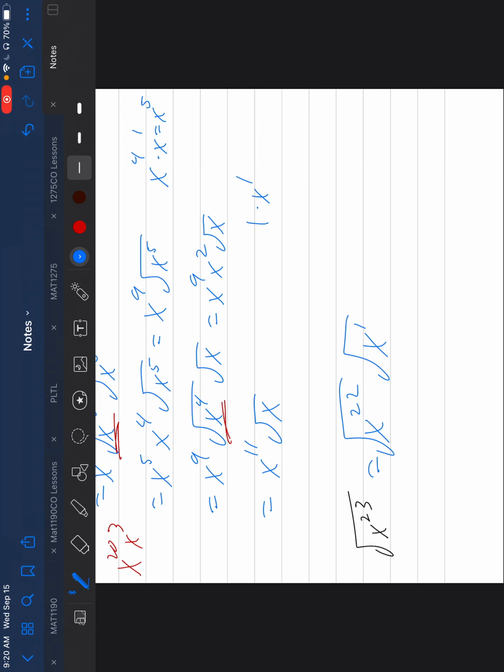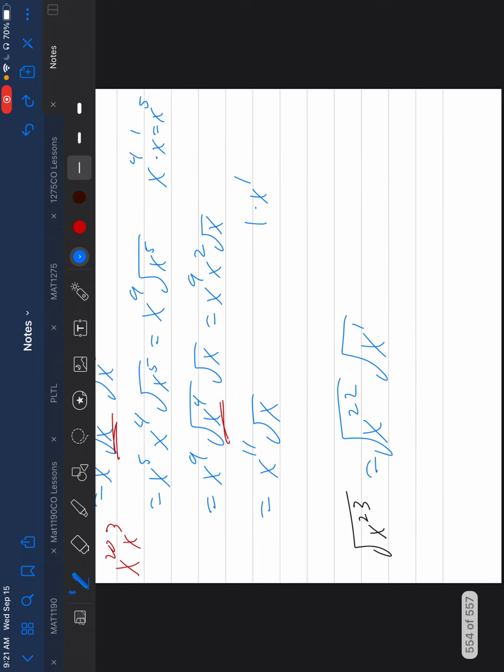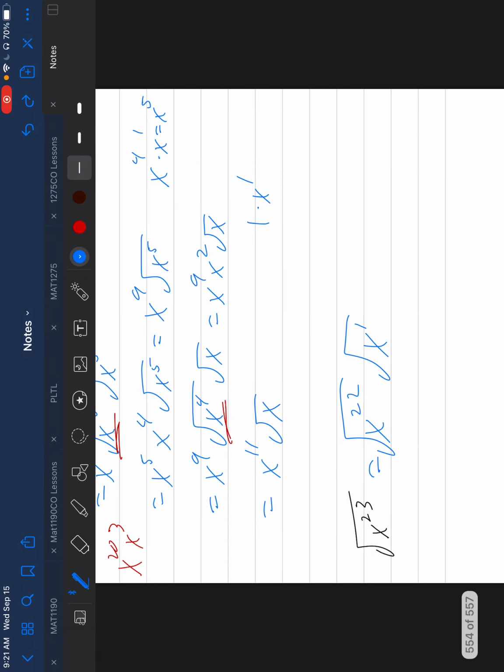The answer is yes. There is no rule dictating which combination of numbers you have to use to add up to your original odd number. So let's use x to the 21st and 22nd and x to the 1st. This is a perfect square because it's even, divided by 2, x to the 11th power, radical x, and guess what? We are done.